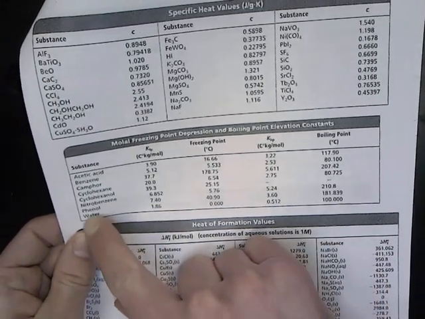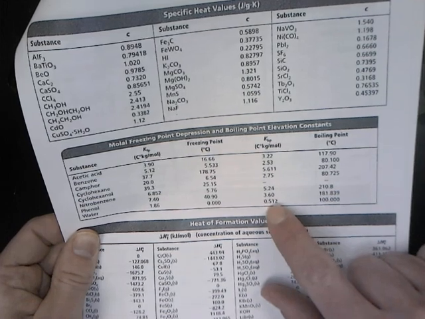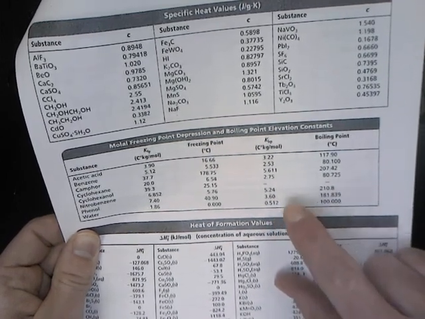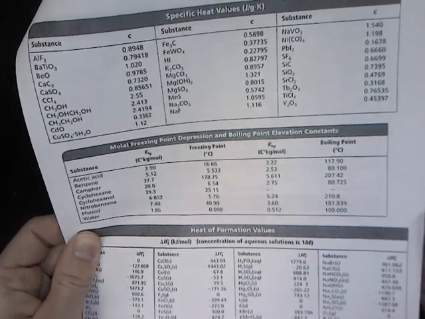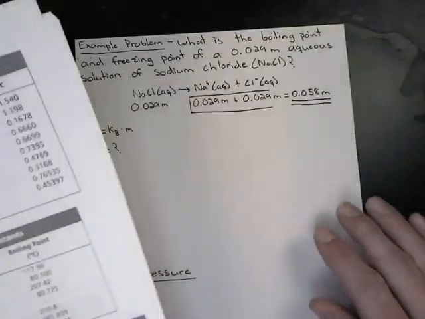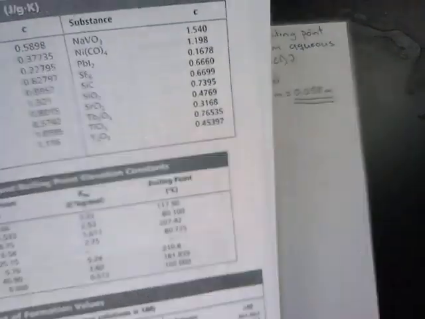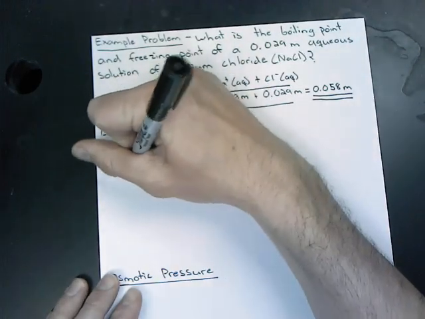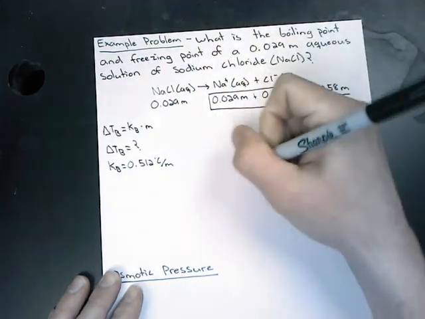So if you scroll over here, you'll find water, and the Kb for water is 0.512 degrees Celsius per m, or per molal. So I'm going to write that down, but again, that number came directly from a chart that you will get on the test. So our Kb is 0.512 degrees Celsius per m.